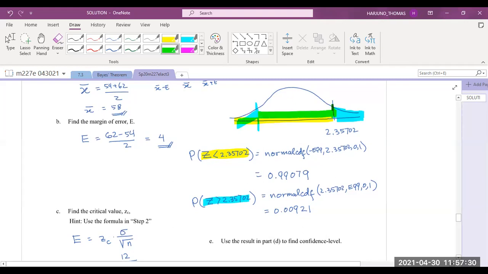You get the yellow one, which covers this part, minus the blue region.